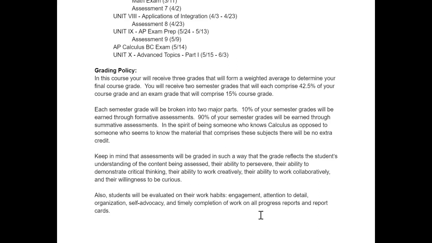In the idea of being and not seeming, we are not giving extra credit in this course. If a grade becomes disastrous, we can talk about that, but ultimately my bottom line here is that there is no extra credit.